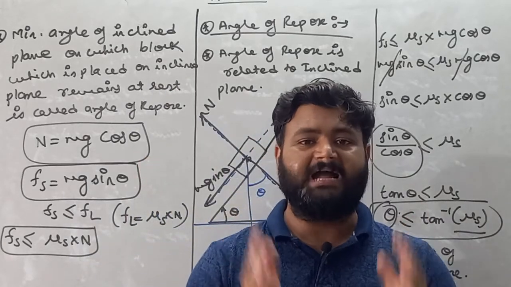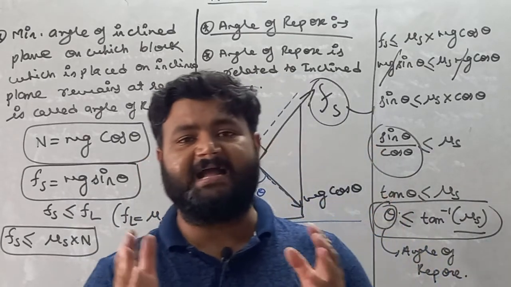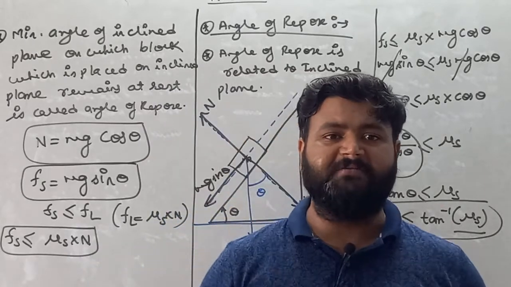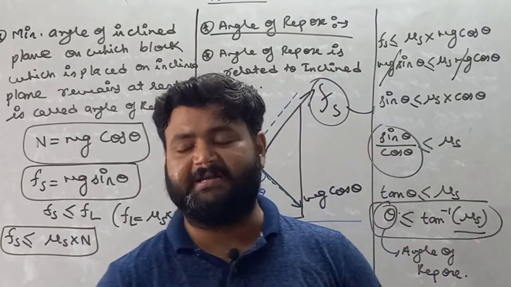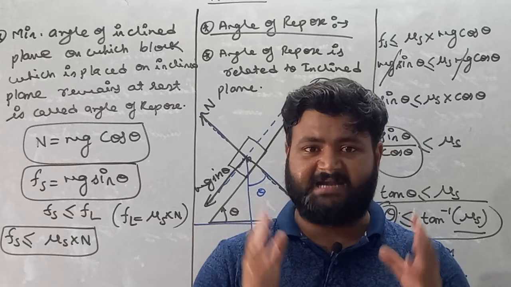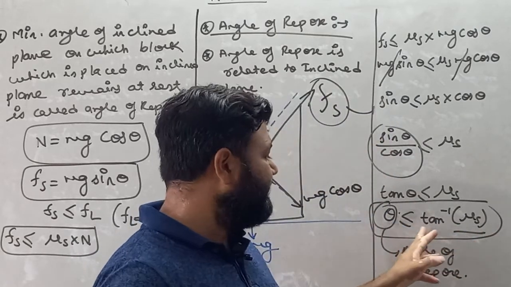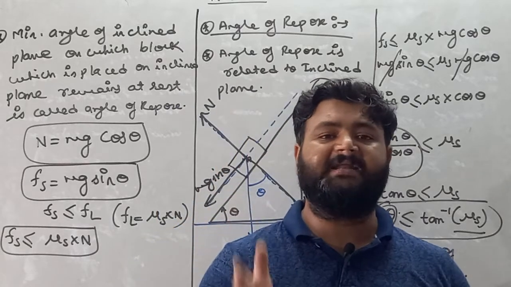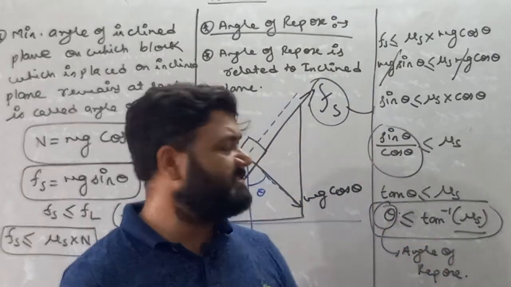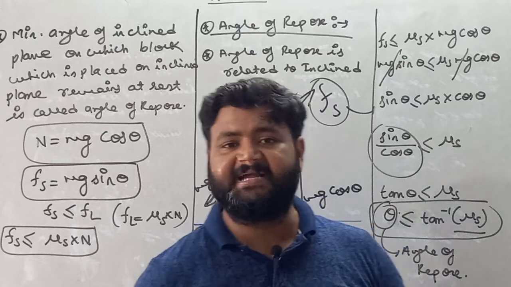So remember, angle of repose is that angle of the inclined plane on which the block which is placed on the inclined plane remains at rest, and its value is less than or equal to tan inverse mu s. Mu s is the coefficient of static friction.